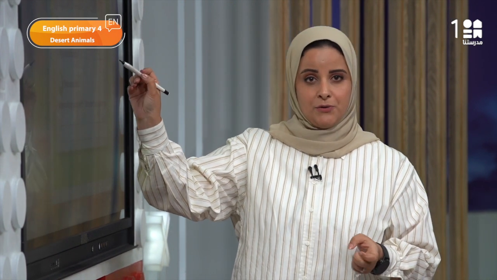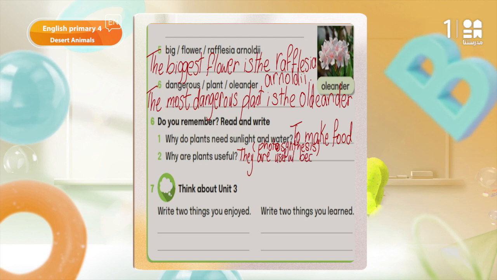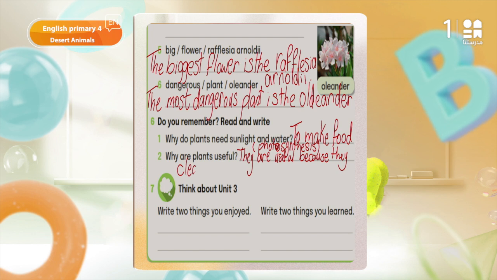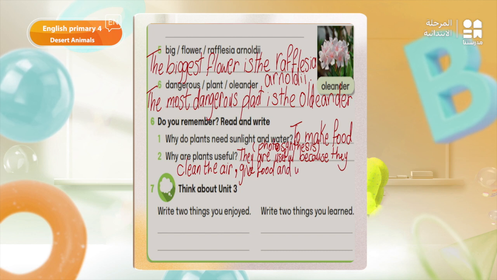So plants are useful because they clean the air, give food and wood, like the wood we take from the trees.